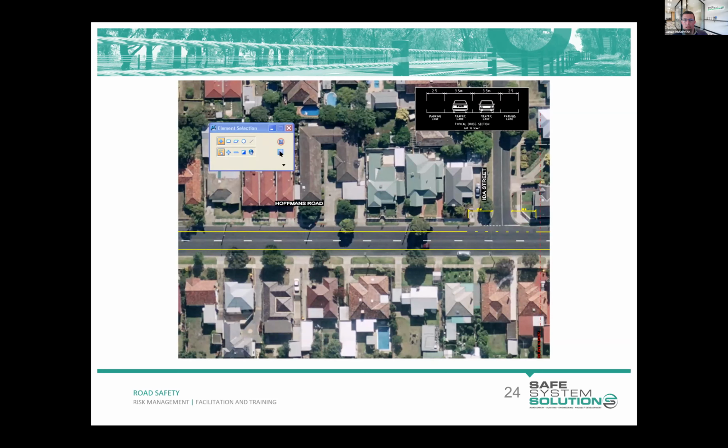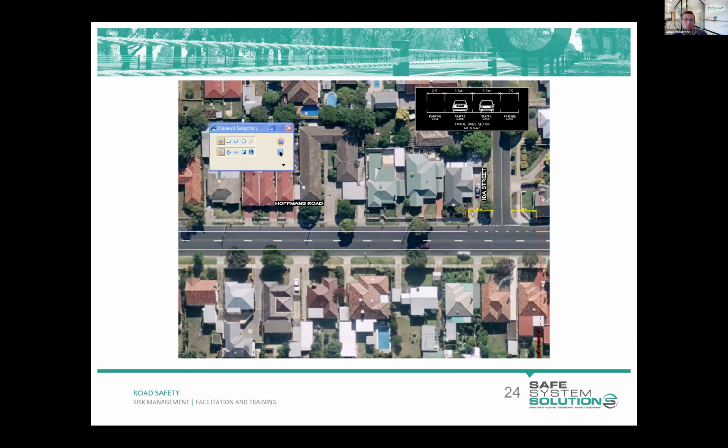This little plan shows a piece of road. It's quite a wide carriageway, and previously it was marked with a dividing line. Because of its width in peak times, it would operate as a 4-lane road when there were no parked vehicles present.